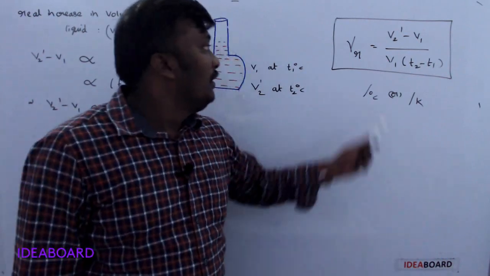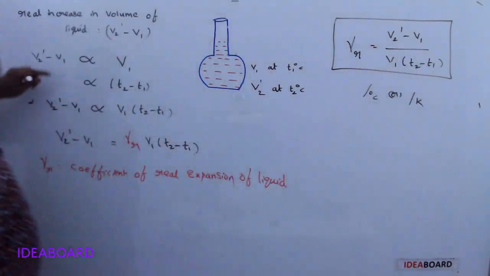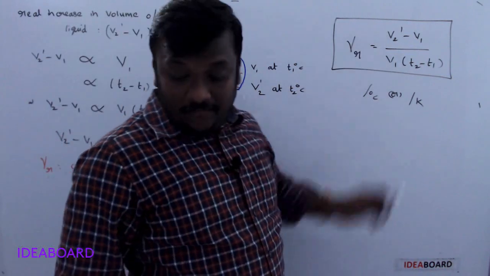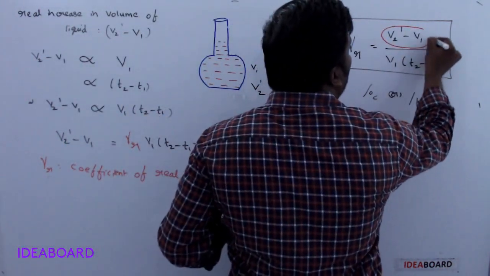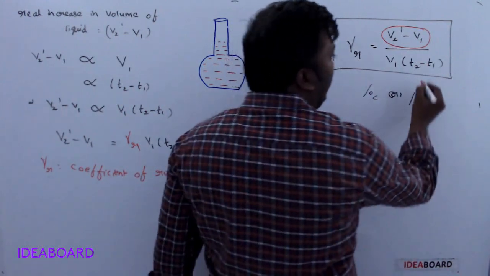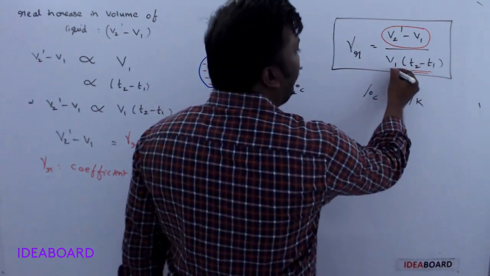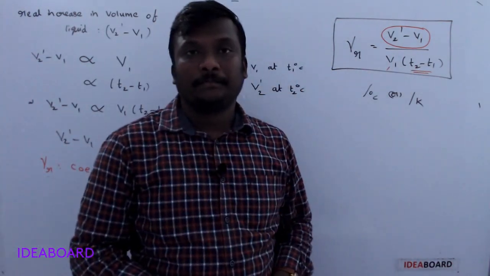Can you define gamma R? V2 dash minus V1 is nothing but the real increase in volume of liquid. So it is defined as the real increase in volume of liquid per unit rise in temperature to its original volume of the liquid.